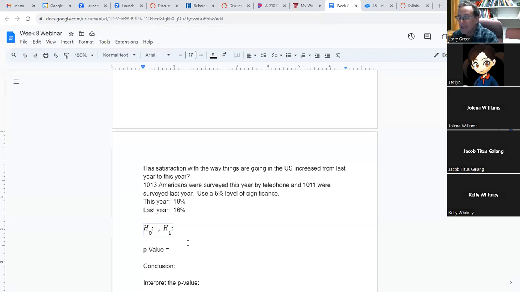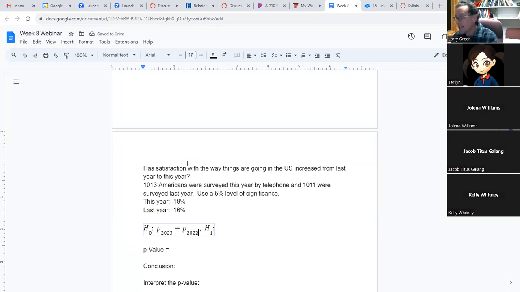Yeah, P. But now we're in chapter 10. So we're going to start with P. But really, we're doing a comparison study this year versus last year. So I'm going to go P, then subscript 2023. That's this year. And then equals P subscript 2022.